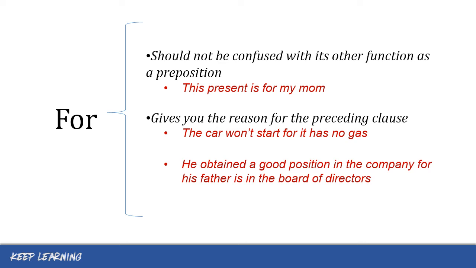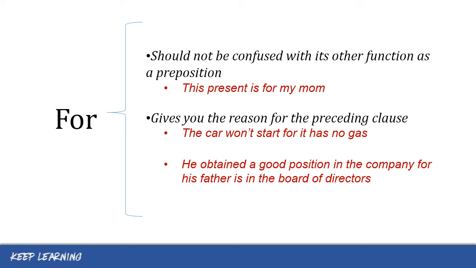It's not common to see for used as a connector in modern English, but it gives you the reason for the preceding clause, which means it explains the reasons for something. What we use today in modern English is the connector because, but for is a synonym of because.